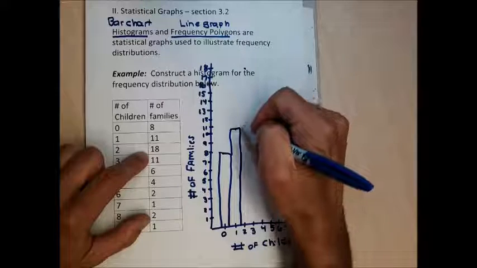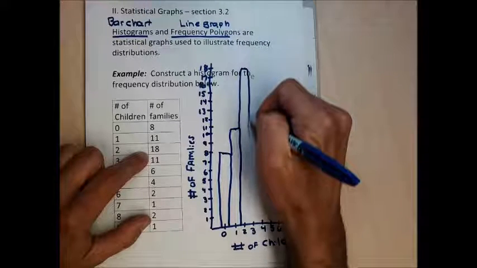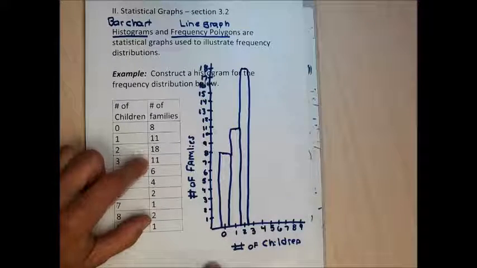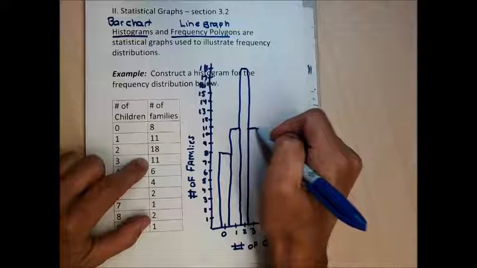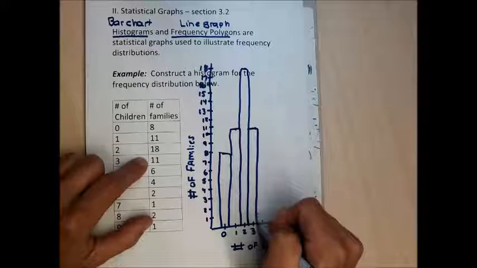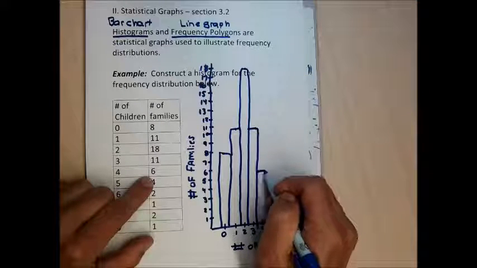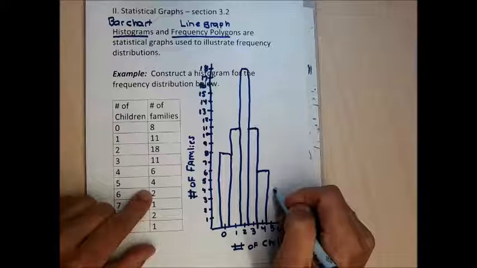18 I'm going to go up to for the next bar. It's nice if all my bars are kind of uniformly wide, but I hardly care if they're not. I'm not going to take points off for bad art in some sense. But I'm just estimating the height of each one of these bars and drawing it.